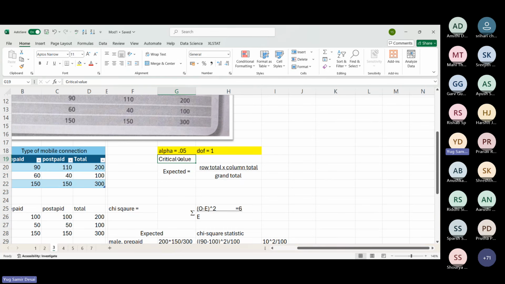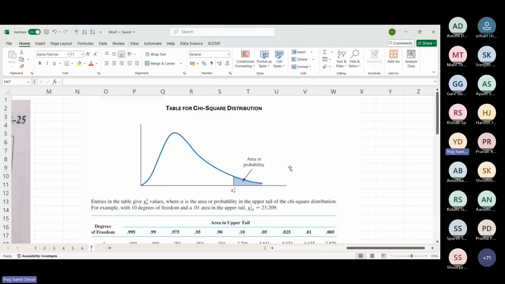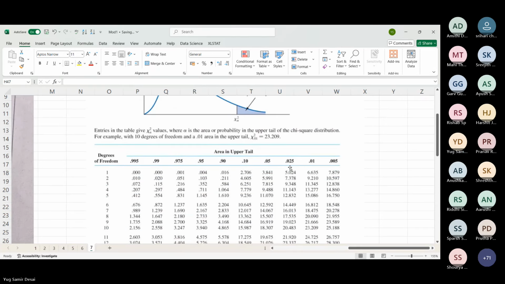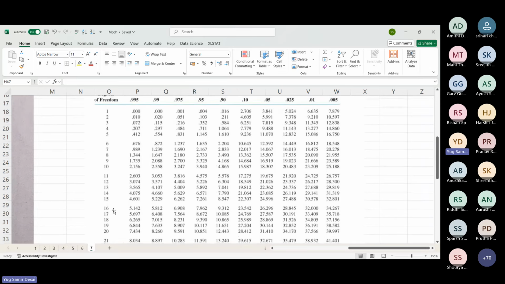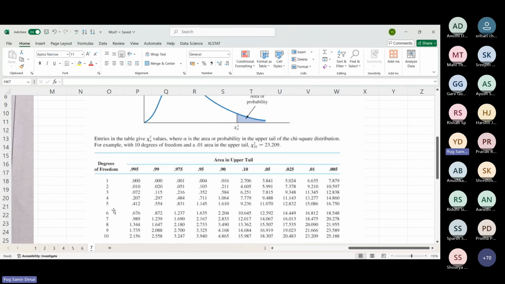To calculate the critical value for this, we'll go to the chi-square table, chi-square distribution table. Here, the degrees of freedom are given as the first column. If you see, it starts from 1 till here, it's given for 29 in the sheet.